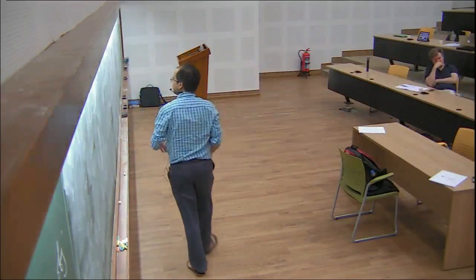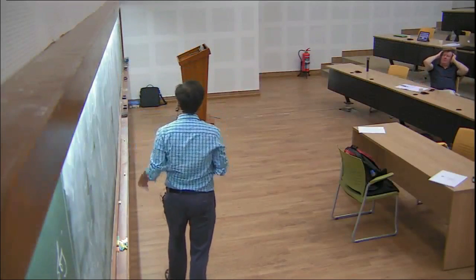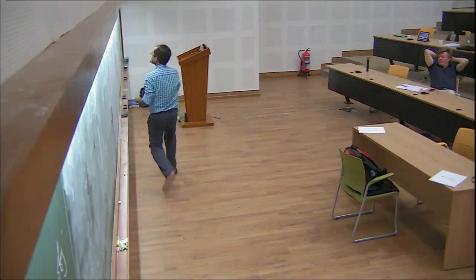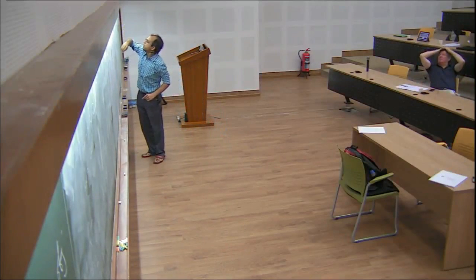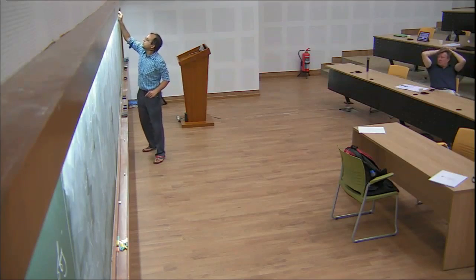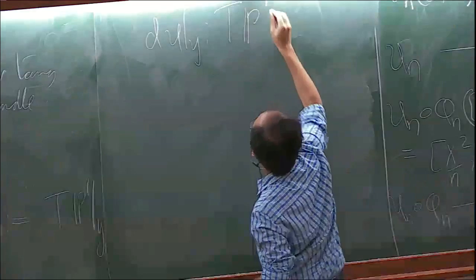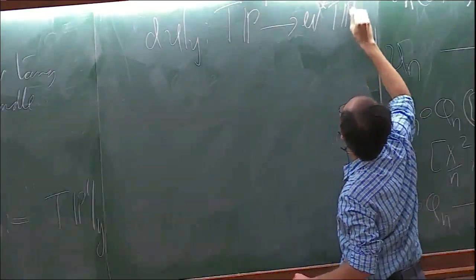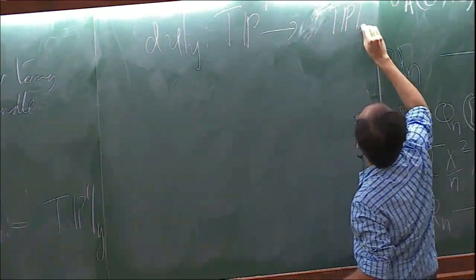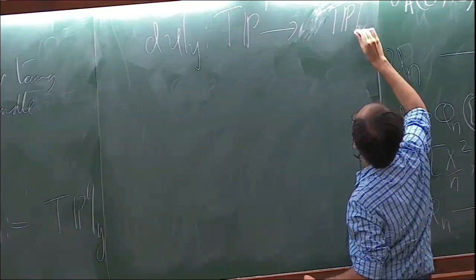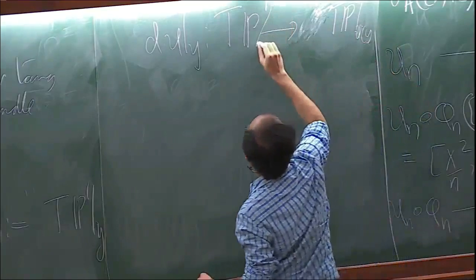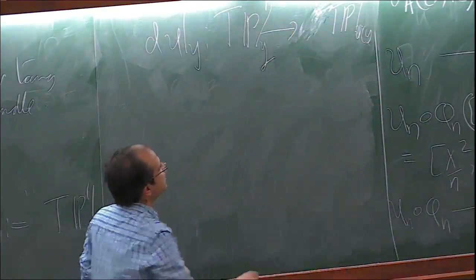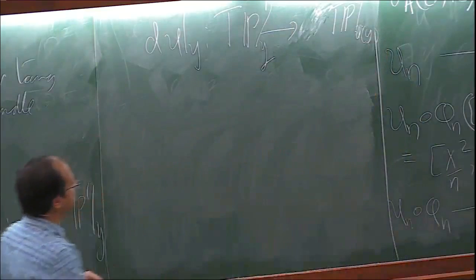And I have to just tell you this is a section of which bundle. Now it's more or less clear. du, taking the derivative at the point, is a linear map from the tangent space of P1 to the tangent space of P2. So it's a map from y to the tangent space of P2 at u of y.